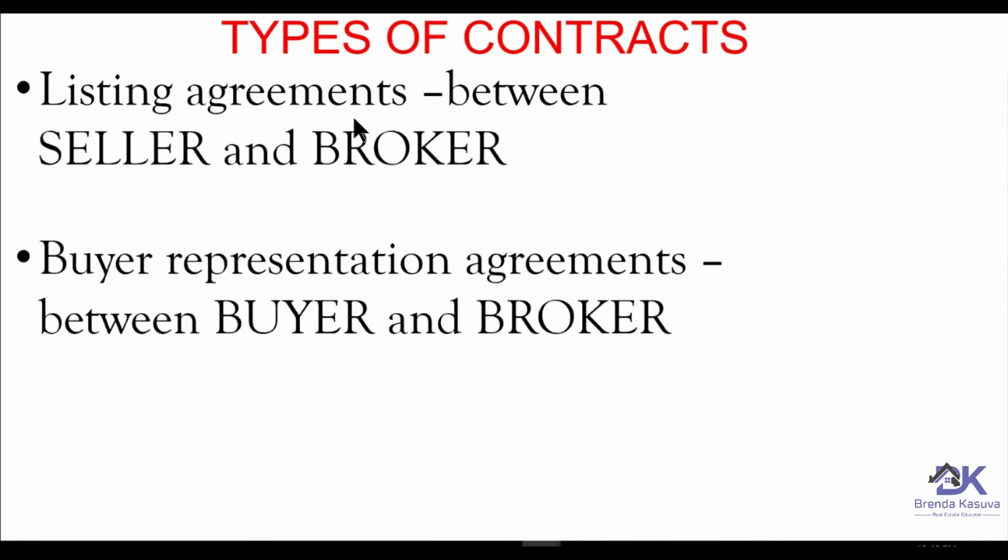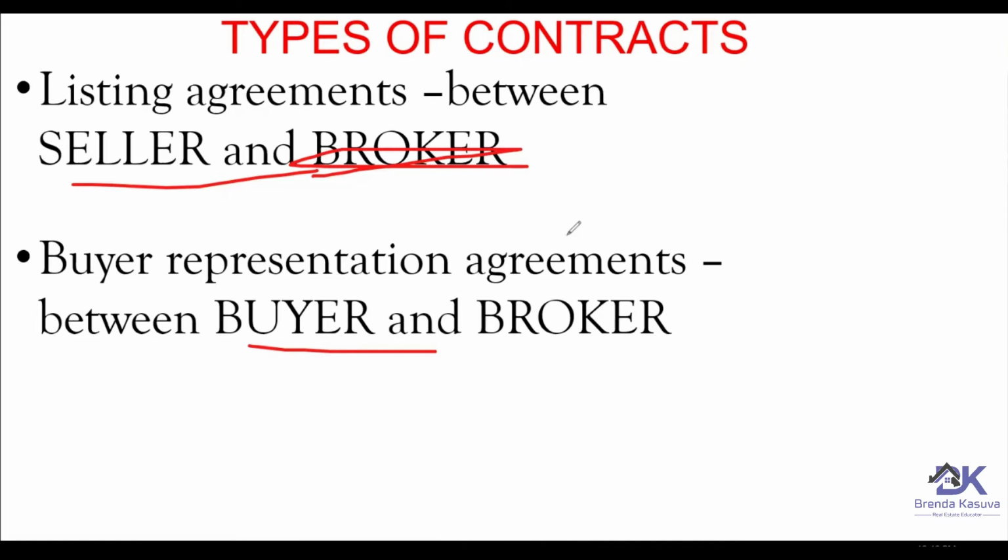However, these agreements are between the broker and the client. So what does that mean? When you're ready to buy, and let's say I'm going to be your agent, technically all I am is the middle person or the minion or the worker bee who's working on behalf of my broker.